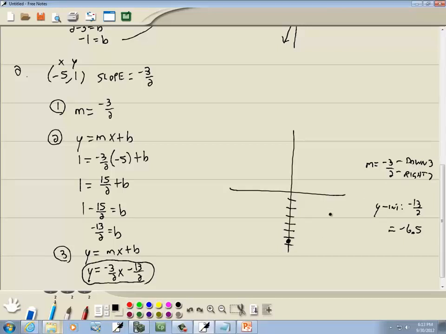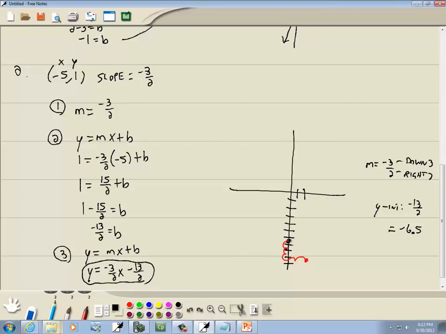And we're going to use our slope to get our second point. Well, from that point, we're going to go down 3, sorry, right 2. So down 3, 1, 2, 3, and right 2. And that gives us our second point.